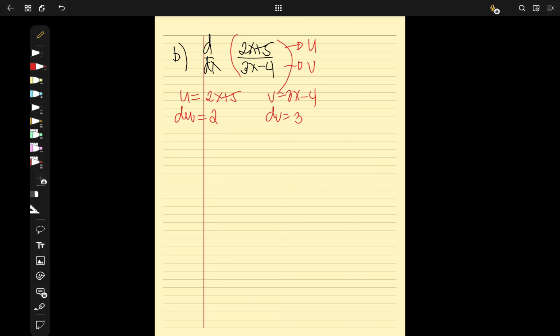Then apply the formula. v du minus u dv. Ano naman yun? U dv all over v squared.